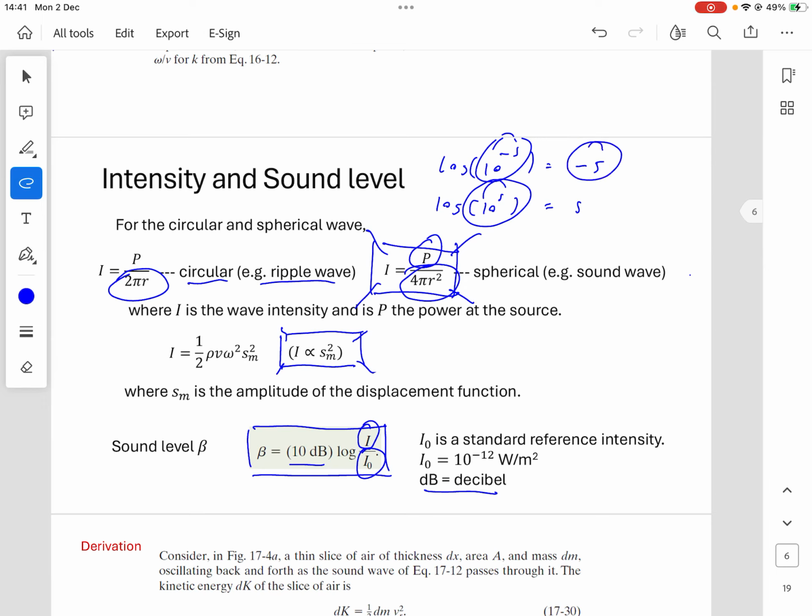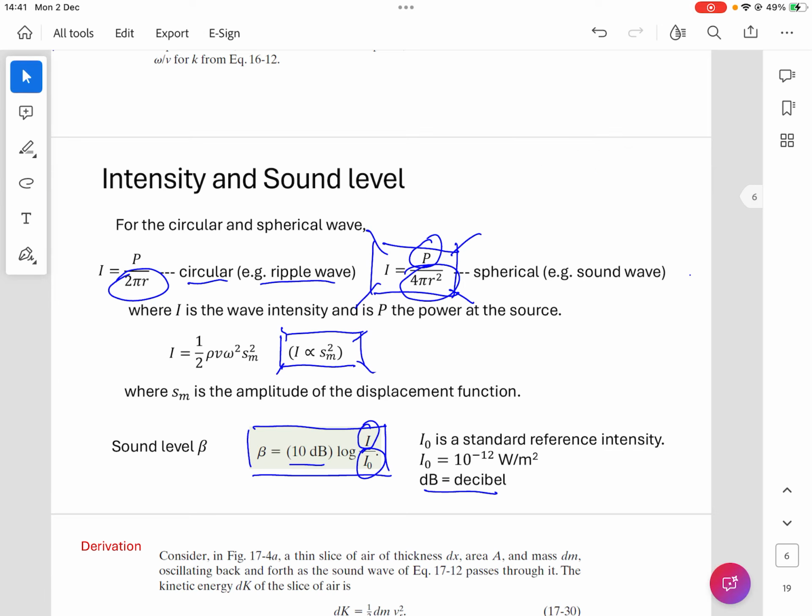But when you compare minus 5 and 5, they are very close numbers in the same range. That's why we use log for the sound level. Sound level must be defined because the sound level at different distances can be very different.